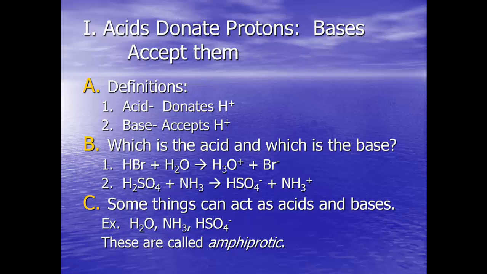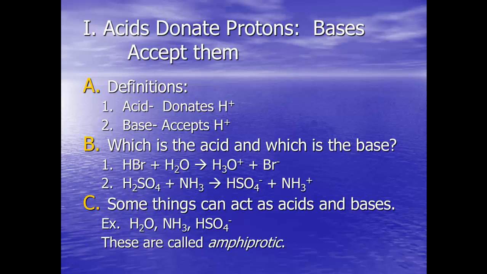donated or accepted. When we look at a chemical reaction, we can ask which one is an acid and which one is a base. So number one here, we have HBr plus H2O, and once they've reacted, they go to H3O+ and Br-. So which one donated hydrogen?